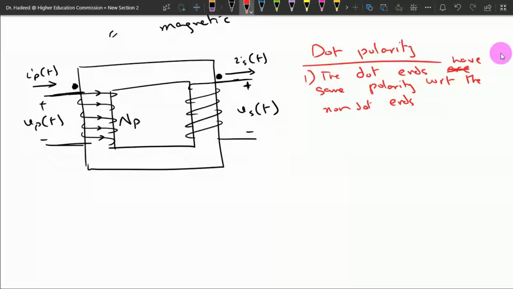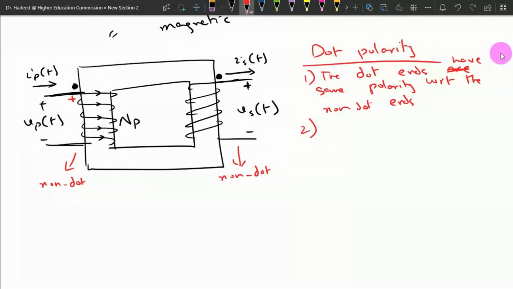So if I have a positive here, then I have a positive here. If this dot end is negative with respect to this non-dot end of the primary side, and this is the non-dot end of the secondary side, then both the dot ends with respect to the non-dot ends of their respective sides shall have the same polarity, as we have shown in here.